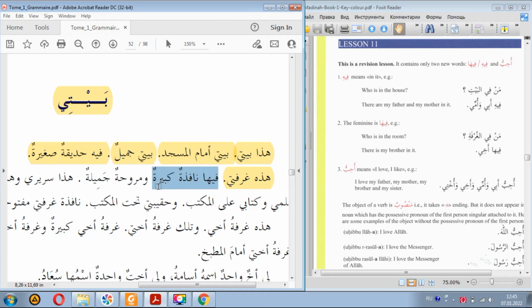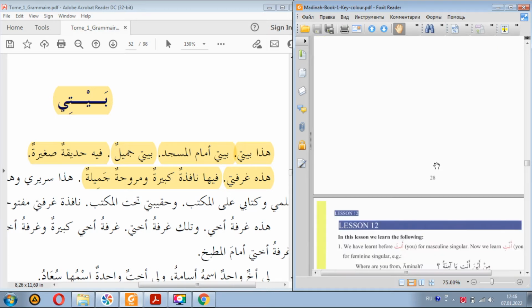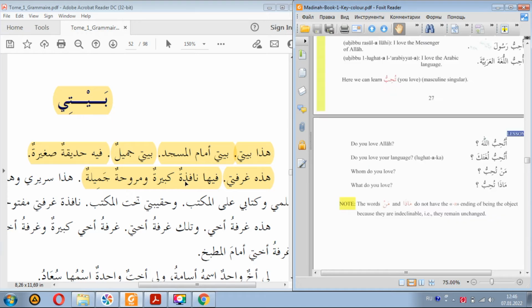نافذة كبيرة ومروحة جميلة. It says in it, or there are a big window. نافذة, it means window. Well, apparently we've learned this word. نافذة, it means window.